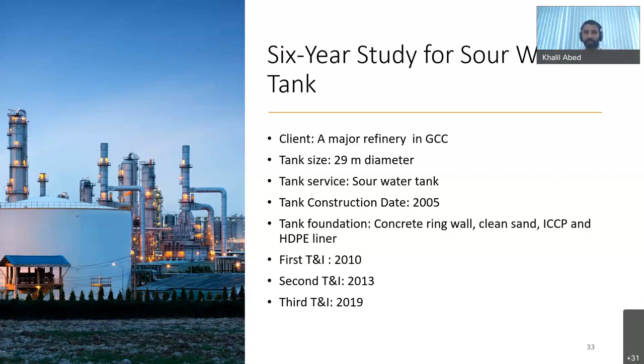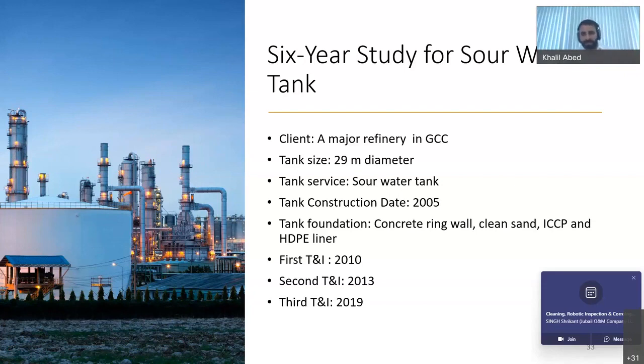At that time, the tank owner decided that they wanted to go ahead and change the entire tank floor area, but that's from the inspection perspective. But the operations team preferred to put the tank back in service and find a solution to help them meet the scheduled next inspection.